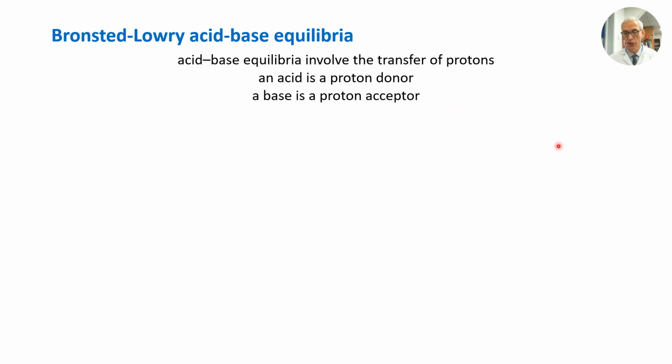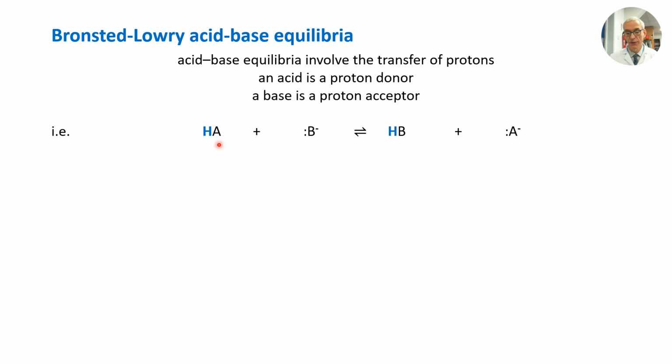So if we can write a generalized equation for acid-base reactions, the acid, A for acid, contains a proton, so HA. B for base is a proton acceptor. What enables it to accept a proton is, of course, the lone pair of electrons.